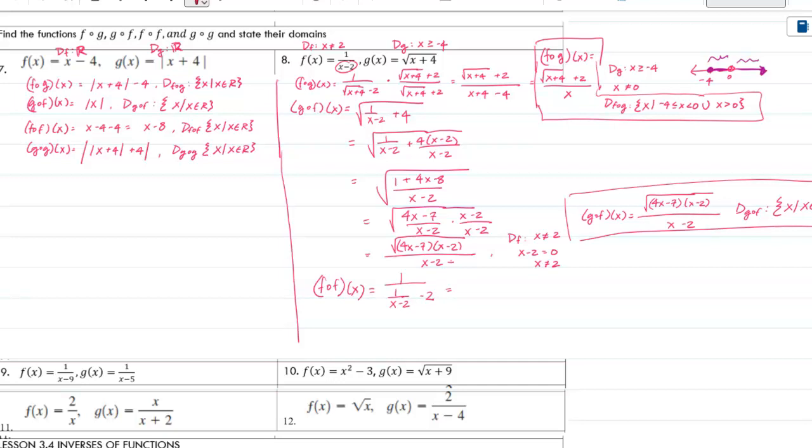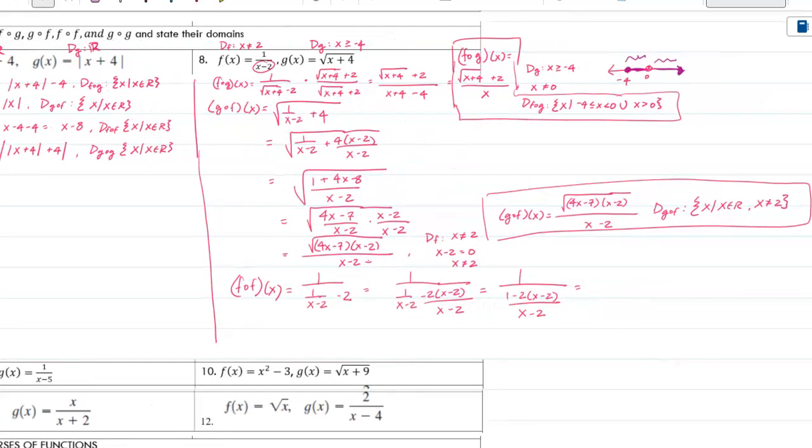This is going to give us 1 over 1 over x minus 2, minus 2 x minus 2 over x minus 2. Let's go ahead and make it go sideways. And then 1 over 1 minus 2 x minus 2 over x minus 2.